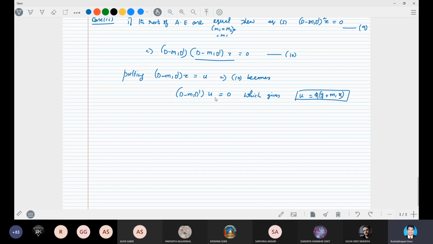Therefore, now equation 10 becomes, you see this part is equal to u.